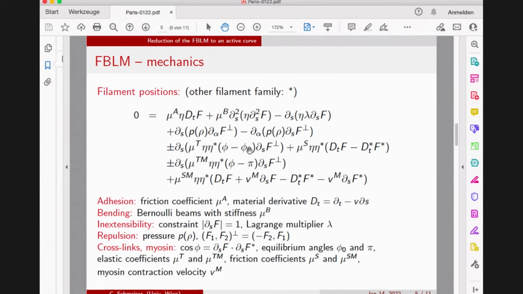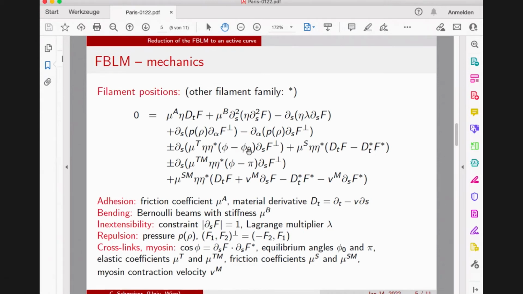And so we assume there is an equilibrium angle between the two families, and this term is actually a turning term. You see here a force in the orthogonal direction, right? D is F the tangent vector, so D is F orthogonal is orthogonal to the tangent vector of the filament. So this is a turning term which tries to produce the equilibrium angle.